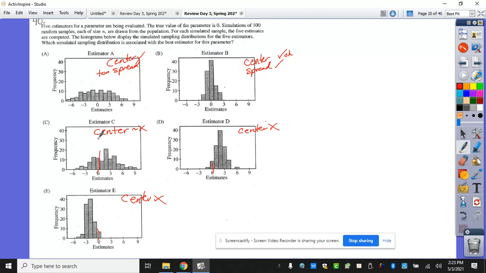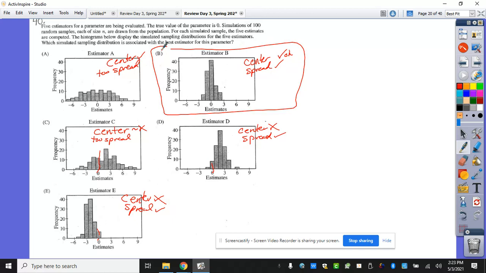Not a good spread. Here the spread is good, but the center was bad. Here the spread is good, but the center was bad. So now, which is our best choice? It might not be perfect, but of our answer choices, it is definitely the best one.